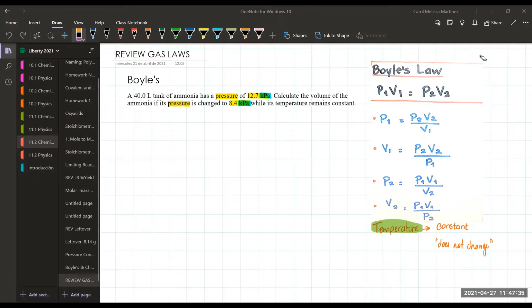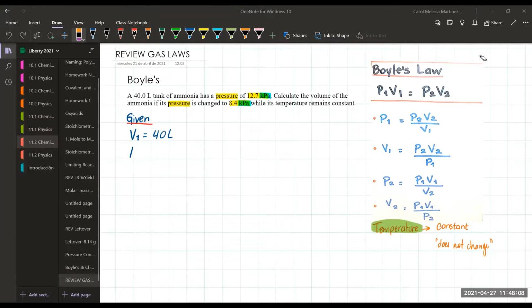The problem says, a 40 liters tank of ammonia has a pressure of 12.7 kilopascals. Calculate the volume of the ammonia if its pressure is changed to 8.4 kilopascals while its temperature remains constant. First of all, we have to write the data provided. The problem is giving us an initial volume, which is 40 liters.